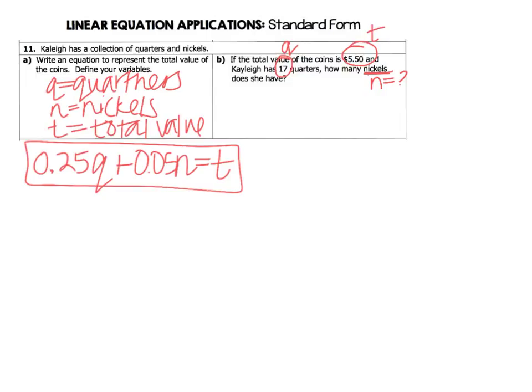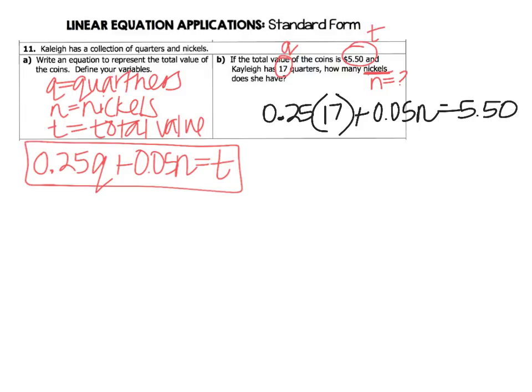So we're going to say 0.25 times the number of quarters. We know she has 17 quarters, plus 0.05, we still don't know how many nickels she has, equals $5.50, the total value she has. So now we're just solving for N. We're solving for how many nickels she has.